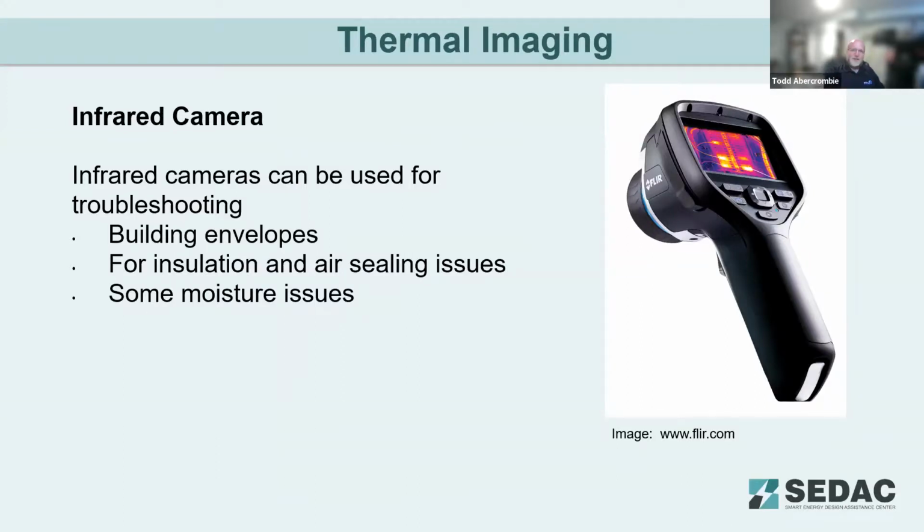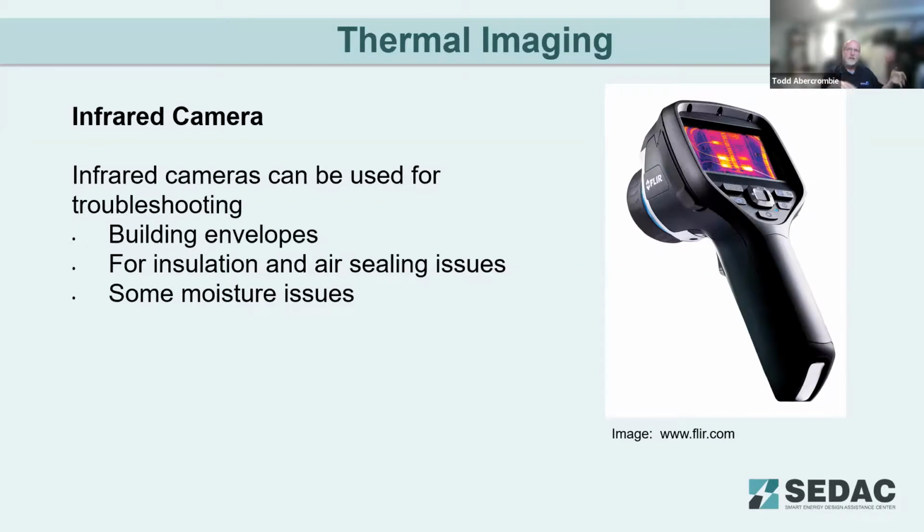And then the thermal imaging camera, obviously very helpful. We use these to troubleshoot buildings, whether new construction or existing buildings, to evaluate the building envelopes, find insulation and air sealing issues, and even certain moisture issues. One big caveat though, whoever's using the infrared camera has to understand temperatures.